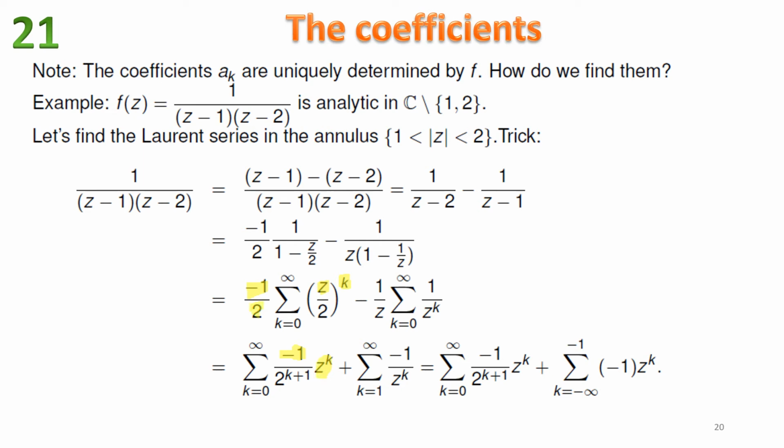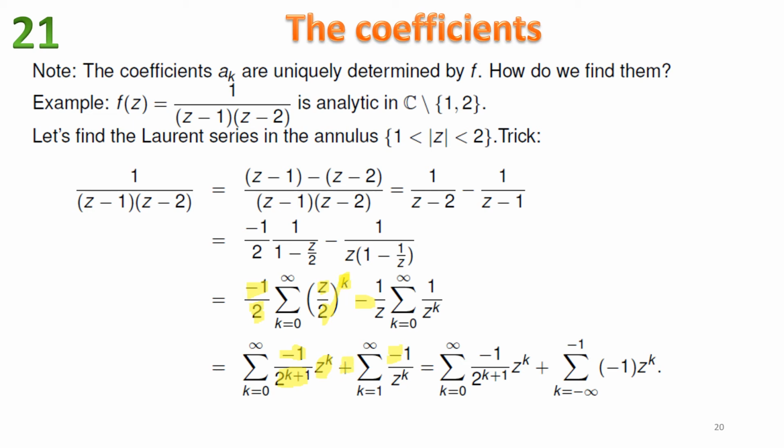Then this 2 and this 2 to the power k, so that will be 2 to the power k plus 1. So the first term we have made a suitable adjustment. Then this minus sign is brought inside, so here it becomes plus.